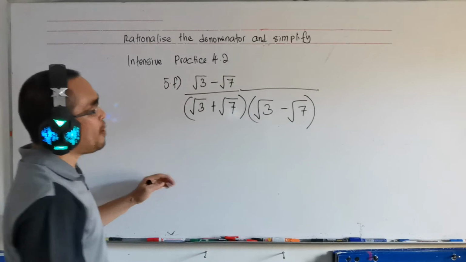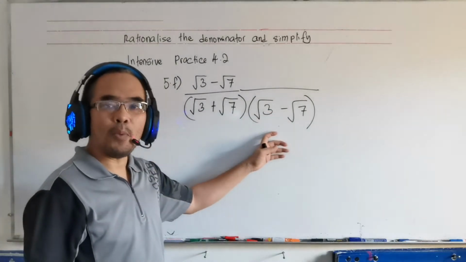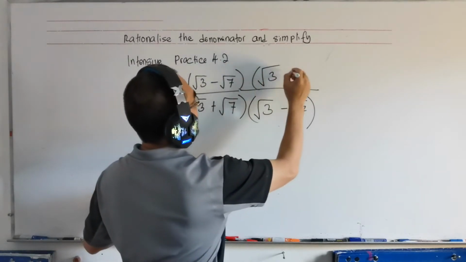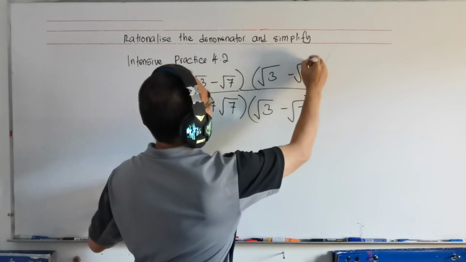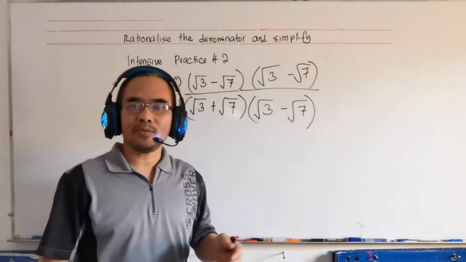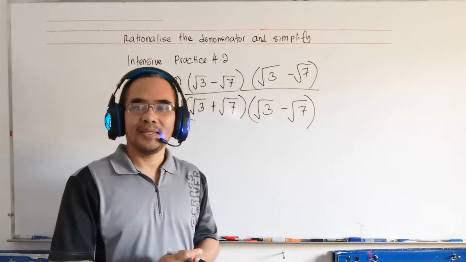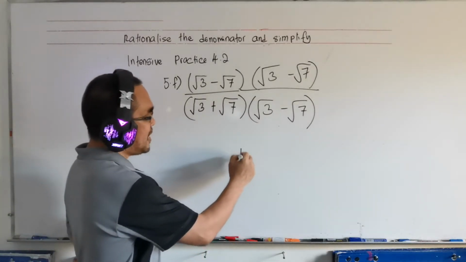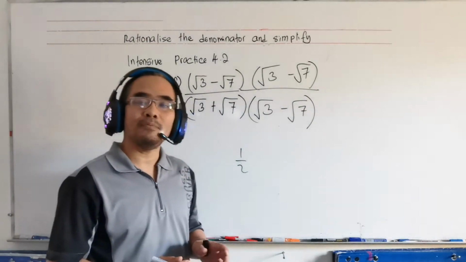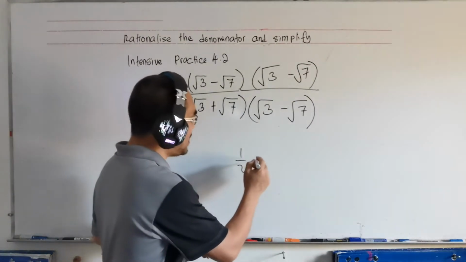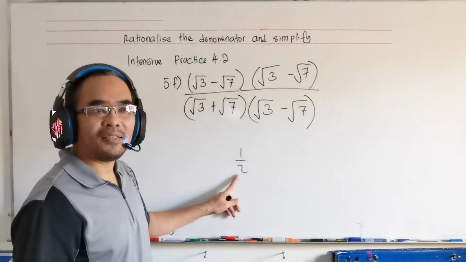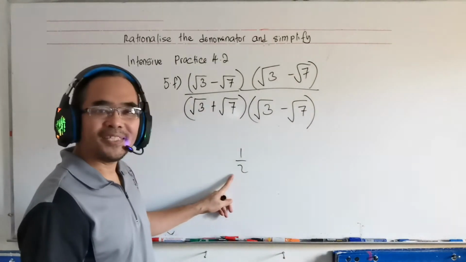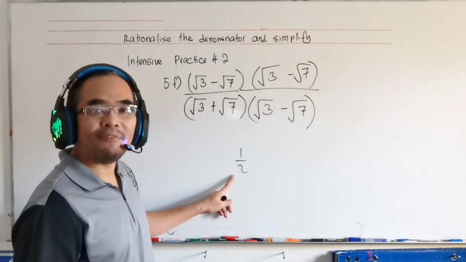If we multiply the denominator, we also have to multiply the numerator, square root of 3 minus square root of 7. Is it possible just to multiply like that? Can we multiply like that? The answer is yes, because we learned when you were in standard 3 or standard 4 about pecahan setara, equivalent fractions.